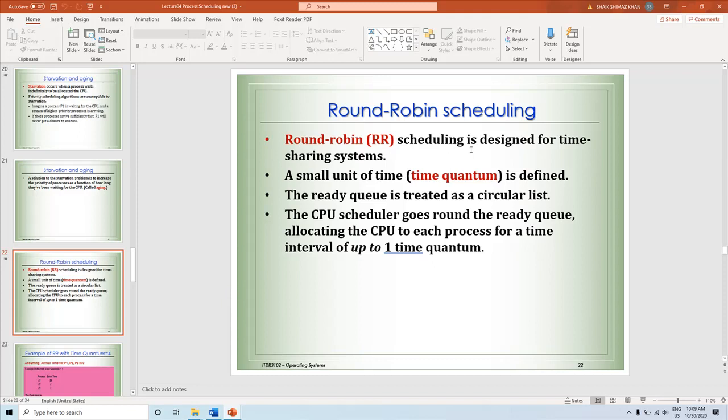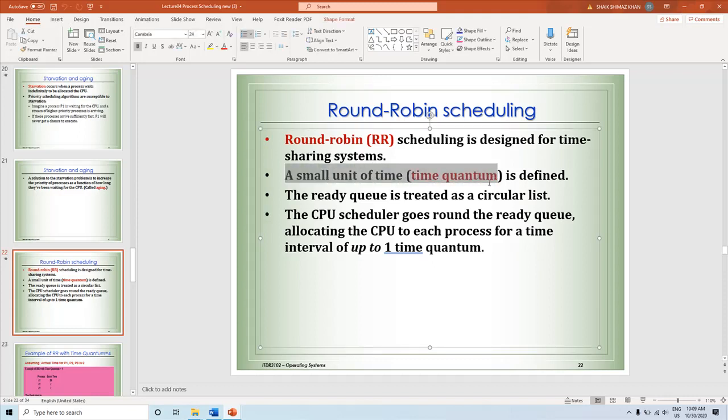Round robin scheduling is designed for time sharing systems, which we have seen in chapter 1. The CPU time is sliced between different processes. Each process would be thinking that it is running in a separate system.